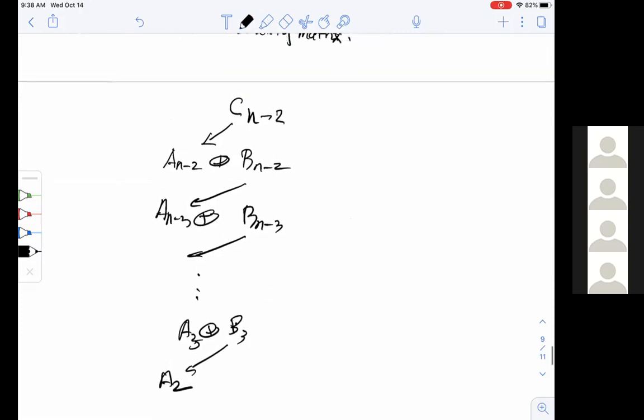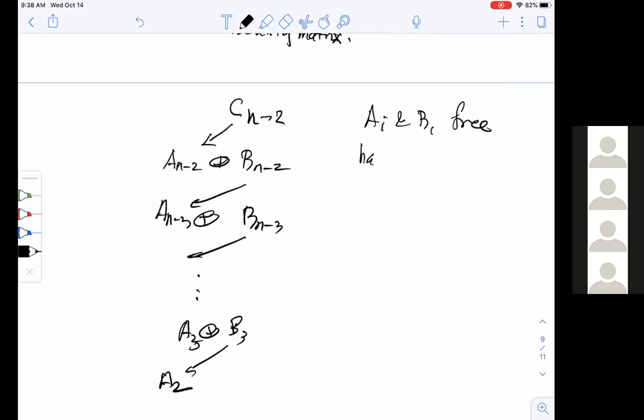And there is no B_2. So the chain complex looks like this. The bases, the A's and B's are free. Sorry, I got my numbering screwed up here. This is n minus 3, n minus 4.